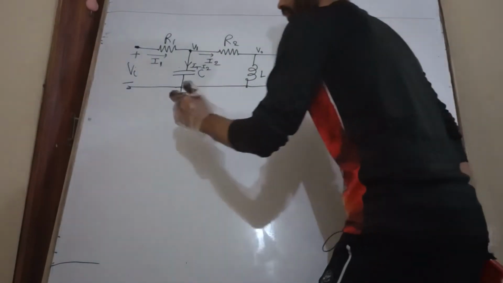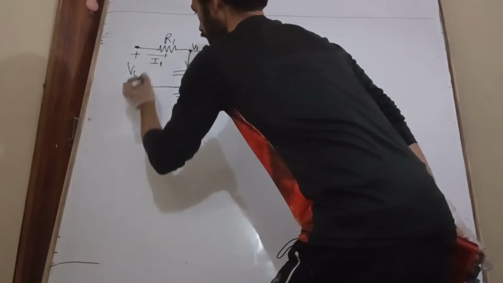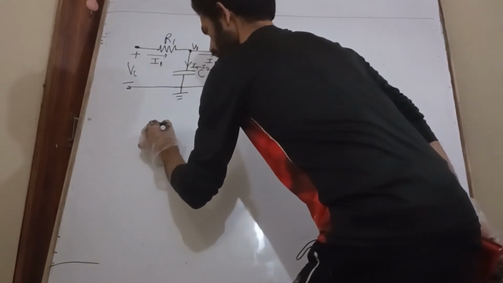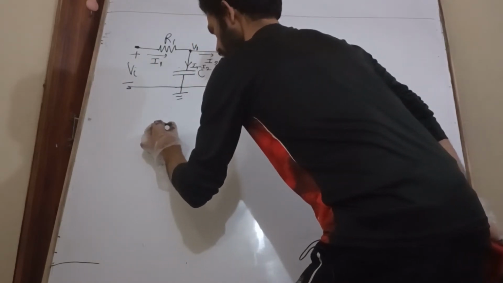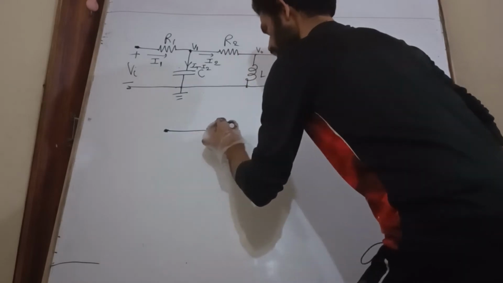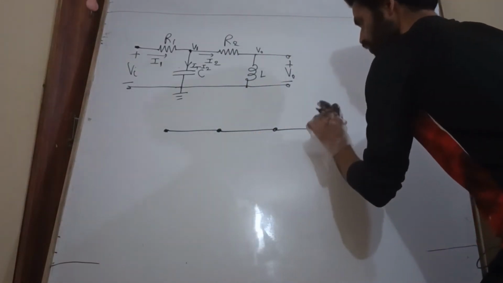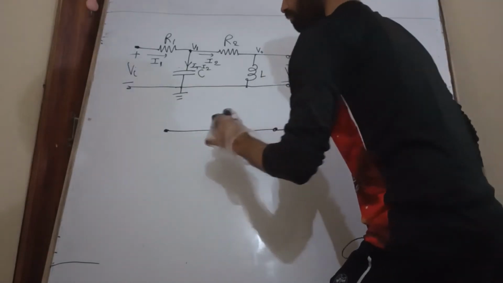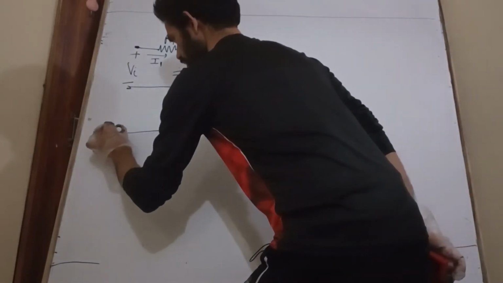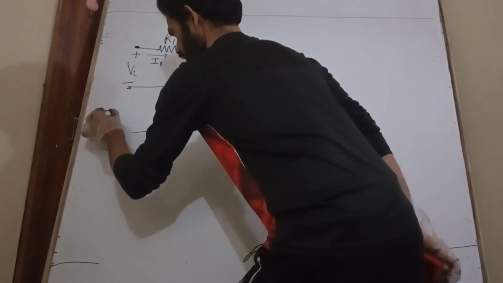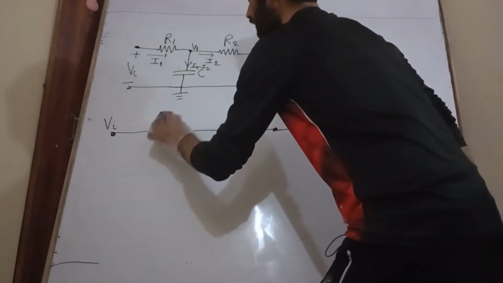Now see here, how many nodes? First just write the nodes: one node, two node, three node, and four node. Besides these four nodes, for the input there is a separate node, vi. Now after that you can directly write.